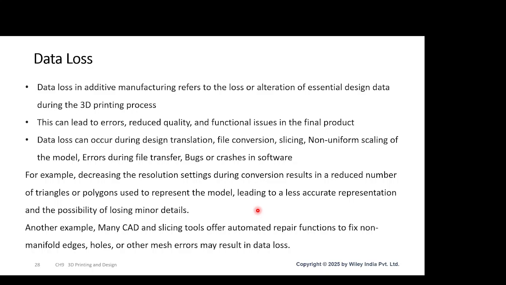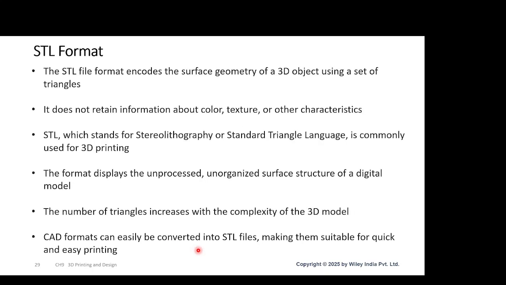Similarly, we usually store models in terms of polygons or triangles, so if you try to reduce the resolution, the model will become less accurate. Another example: many CAD and slicing tools offer automated repair functions to fix non-manifold edges, holes, or other mesh errors that may result in data loss.